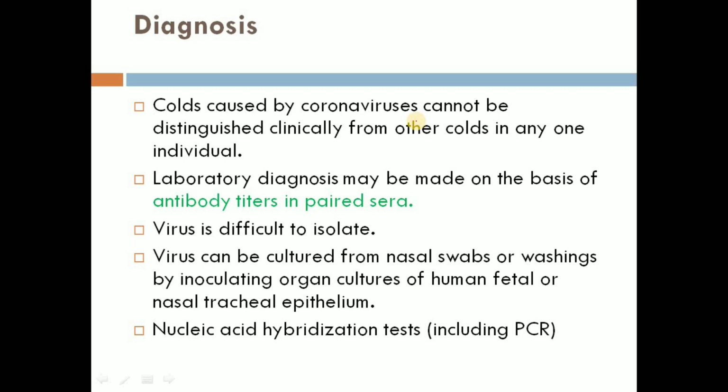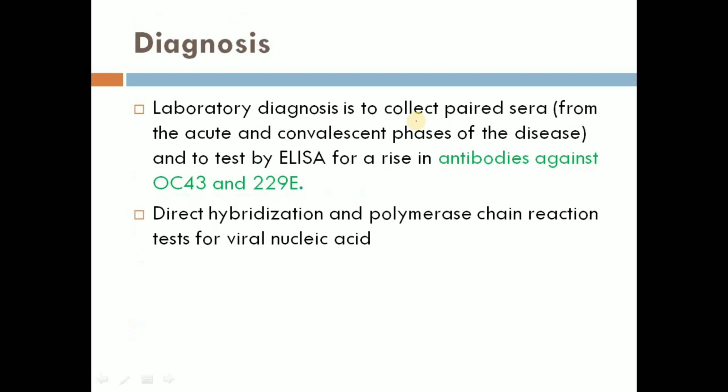Also very important is how to collect the sample. We can collect a nasal swab and bronchial washings for culture, or for isolation of the virus. This is also one of the important methods of diagnosis in microbiology. Laboratory diagnosis, as I told you, is stressed as a very important part in such outbreaks or situations.